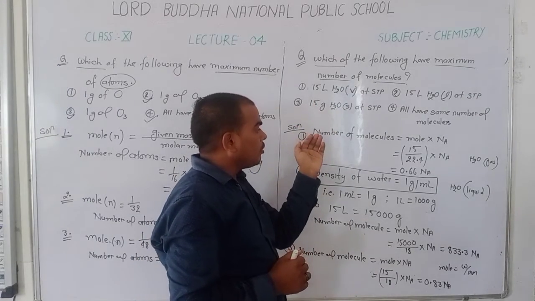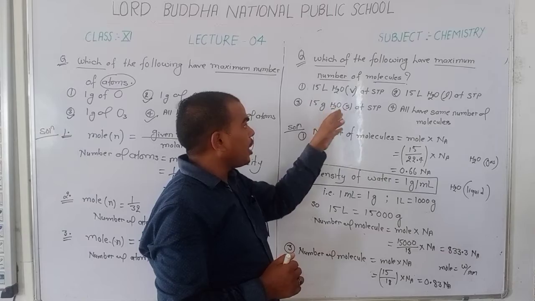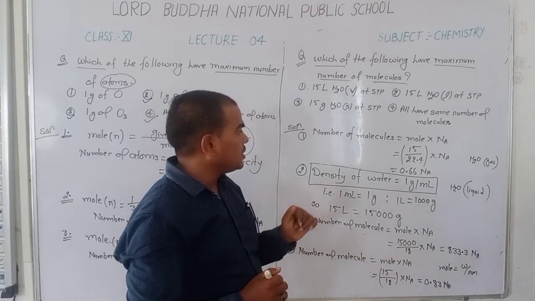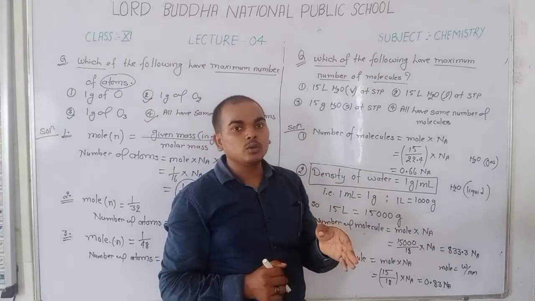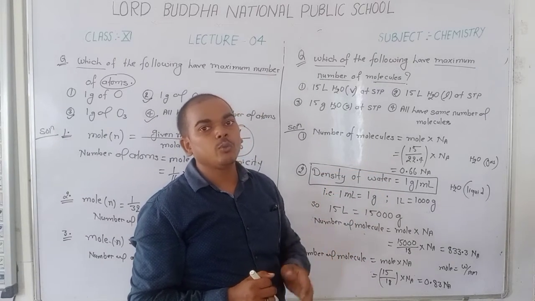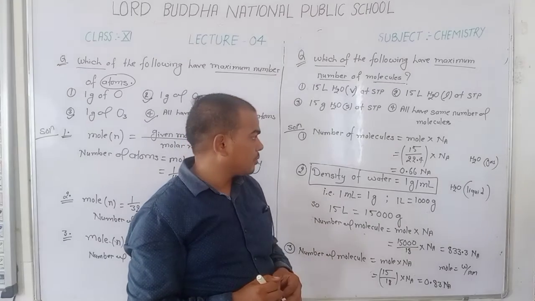The formula for calculating any vapor or gas in liter is mole equal to given volume in liter upon 22.4.